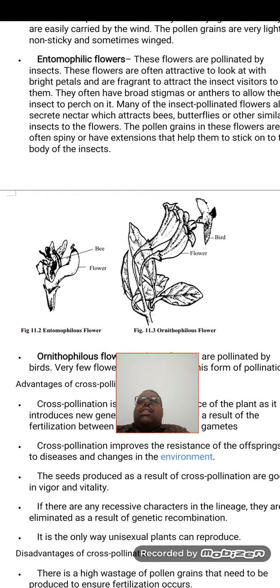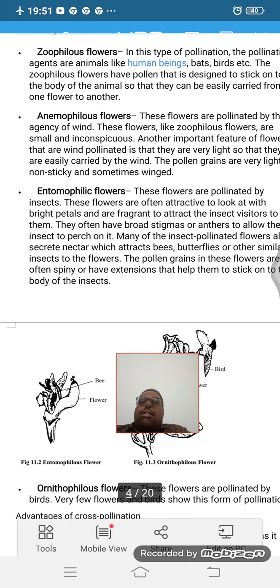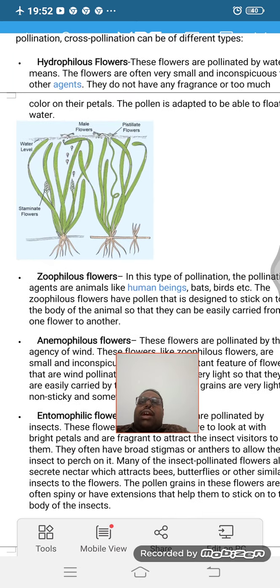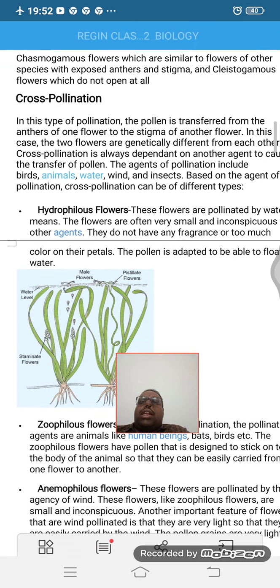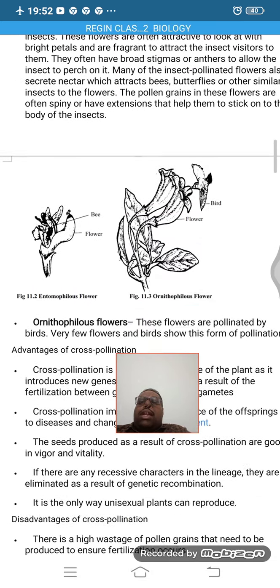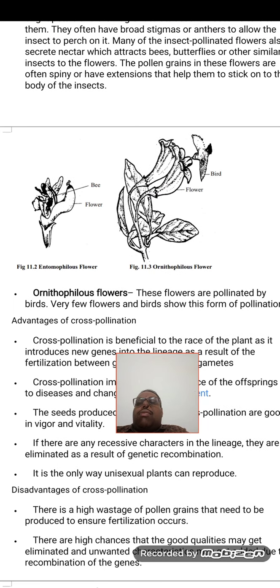So there's a 50-50 chance that whenever pollination takes place by these biotic and abiotic factors, the flower gets pollinated, and the fertilization chances are also very low. Every condition, outside condition and inside condition, matters for this.